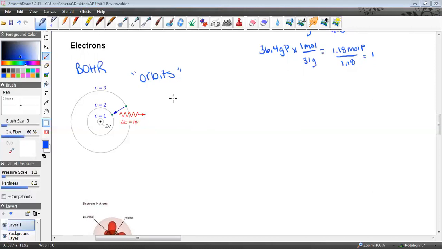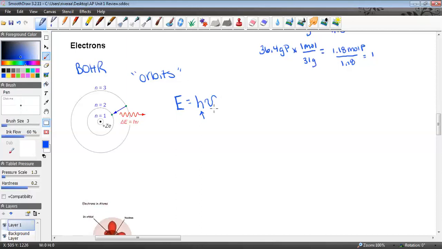And so there are 2 equations that you need to be able to work with, and I don't think anyone needs to do any practice problems with these. We can calculate how much energy is being emitted by an electron transition by multiplying Planck's constant times the frequency of the photon of light that gets emitted when an electron falls from a higher to a lower energy level.